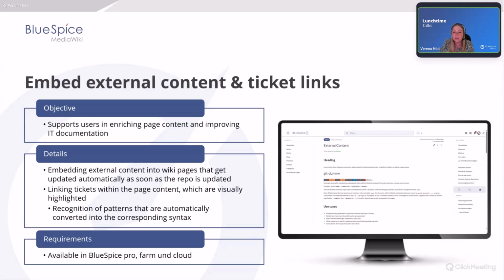So this means if you define the sequence of your ticket link, you can simply copy and paste it, and the wiki will automatically transfer it to this ticket pill, which is visually highlighted then. The feature is available from BlueSpice Pro when using BlueSpice Pro Form or Cloud Edition.